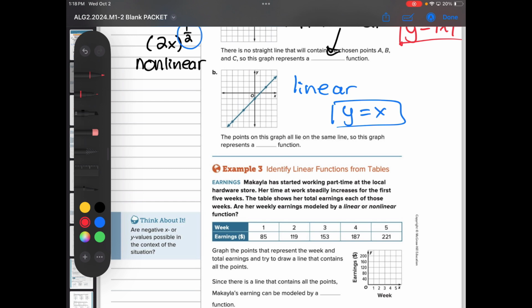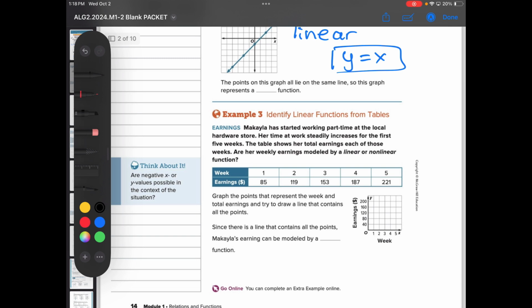So if the rates of change are equal, or we'll just say steady, then it's linear. Okay, so when I say rates of change, I'm looking for the weeks and the earnings.